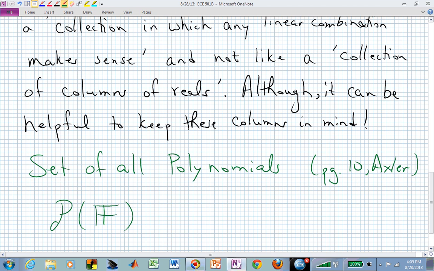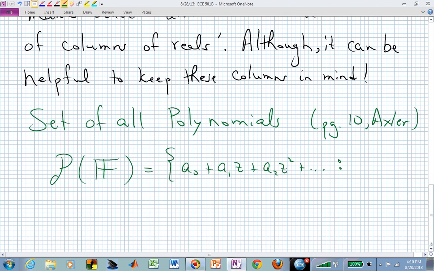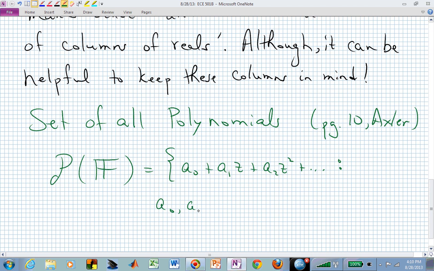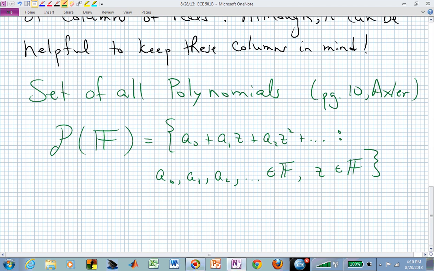So now we have this collection of polynomials, and you could build that up from this unending sequence of powers of z, where these coefficients, etc., belong to this field of numbers, and z is also any value in that set.